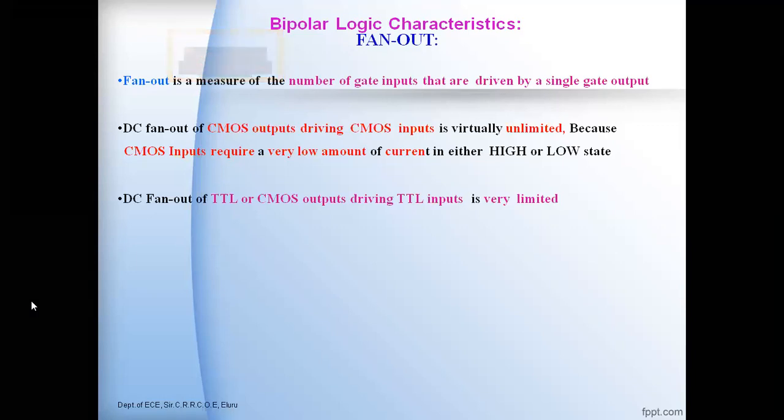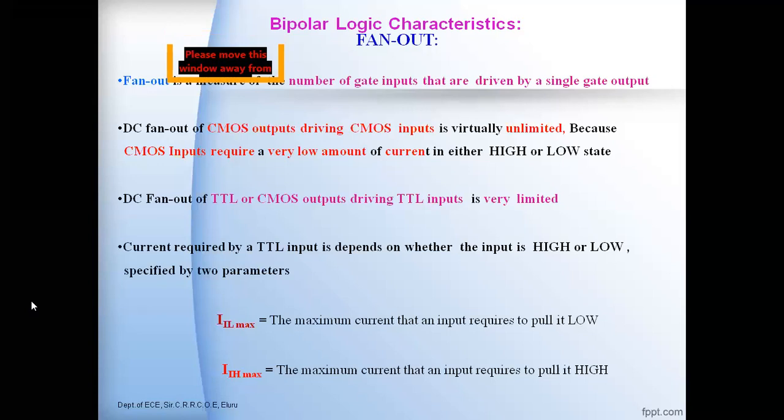Here the fan out depends on the TTL inputs, with respect to the high state and low state currents. The current required by a TTL input depends on whether the input is high or low, specified by the current parameters.